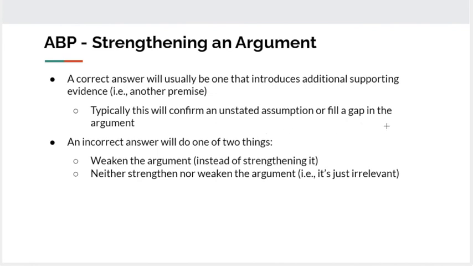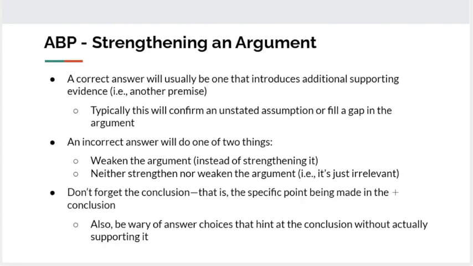Now, an incorrect answer to one of these questions will do one of two things. It will either weaken the argument or it will just be irrelevant. That is, it won't strengthen the argument, but it also won't weaken it. You'll see a mix of those on these questions as far as the wrong answers go.